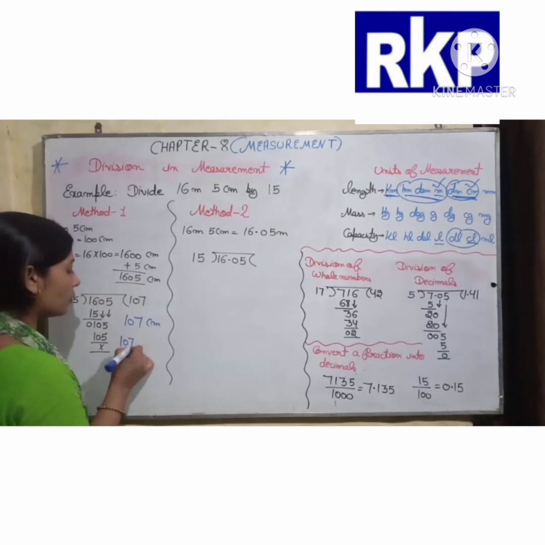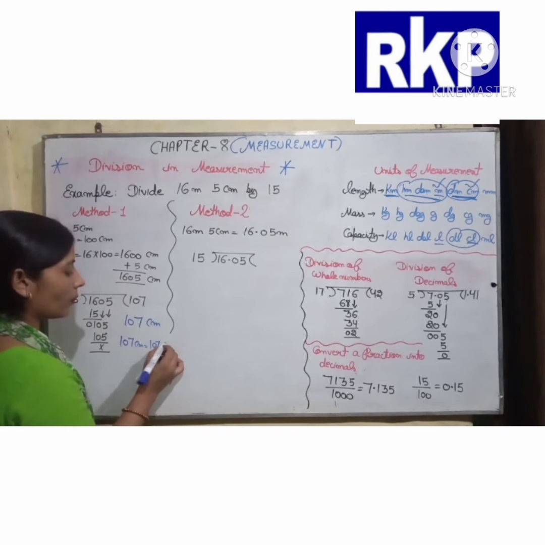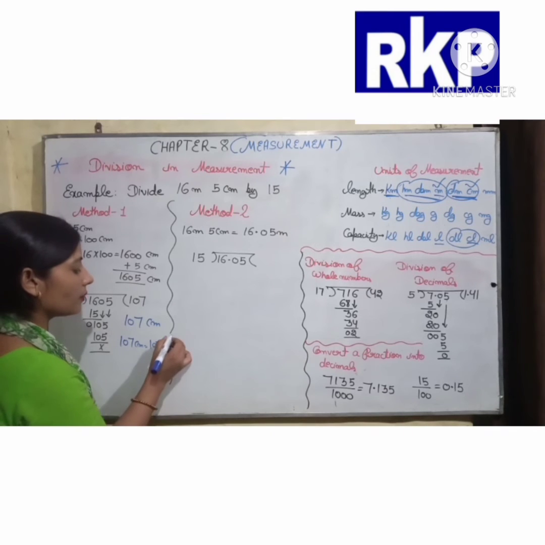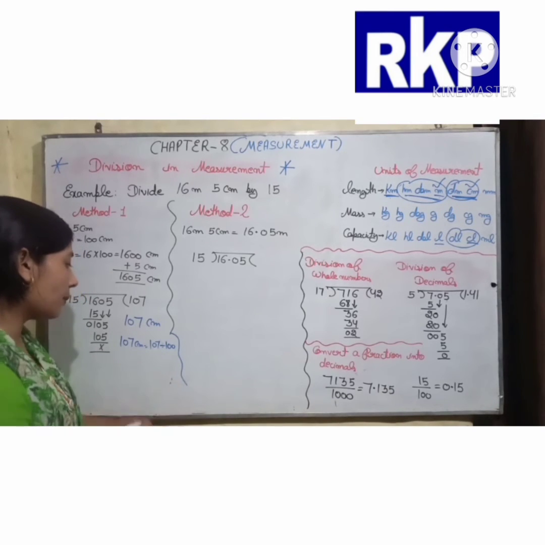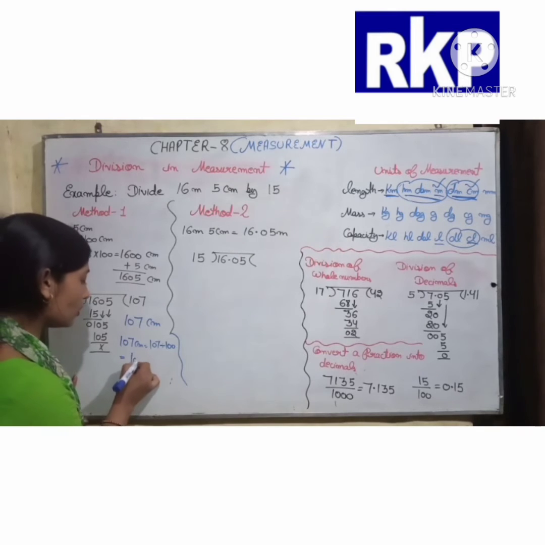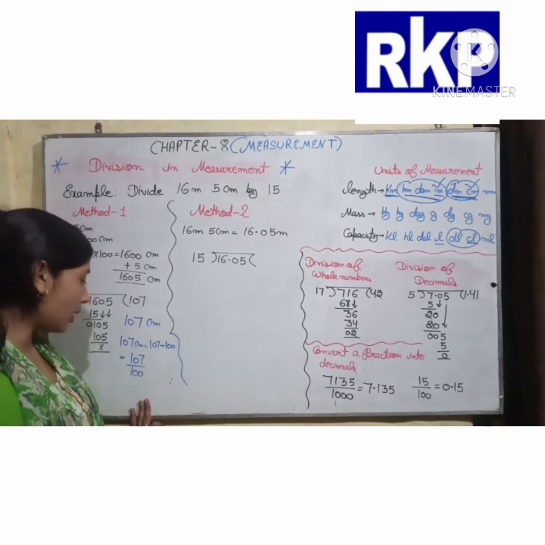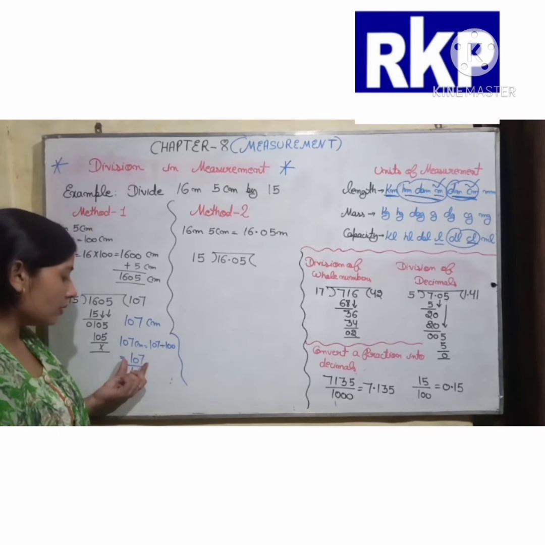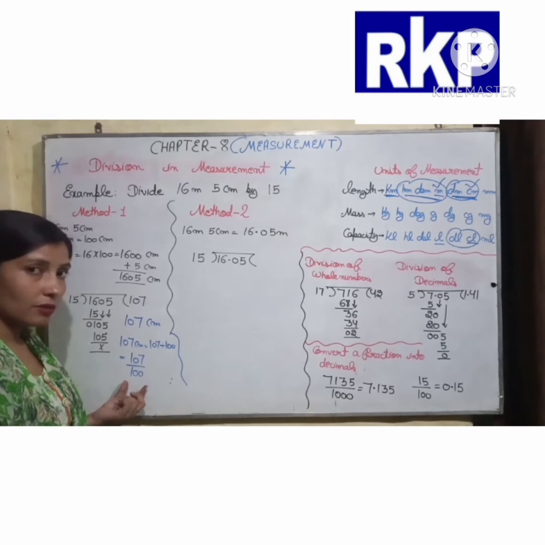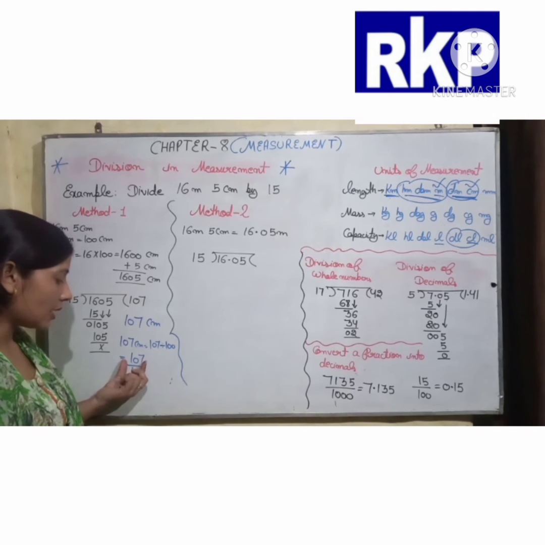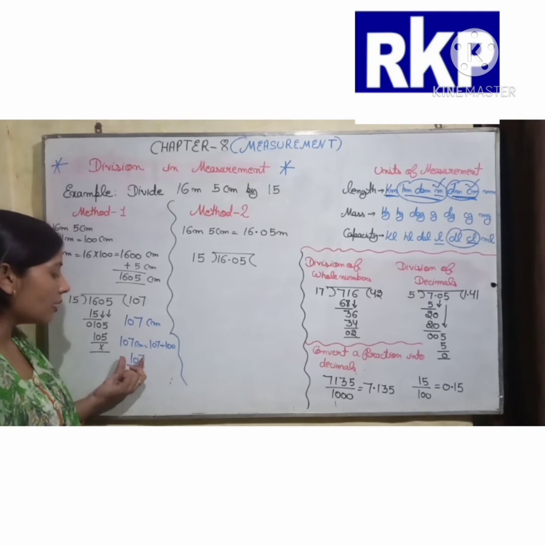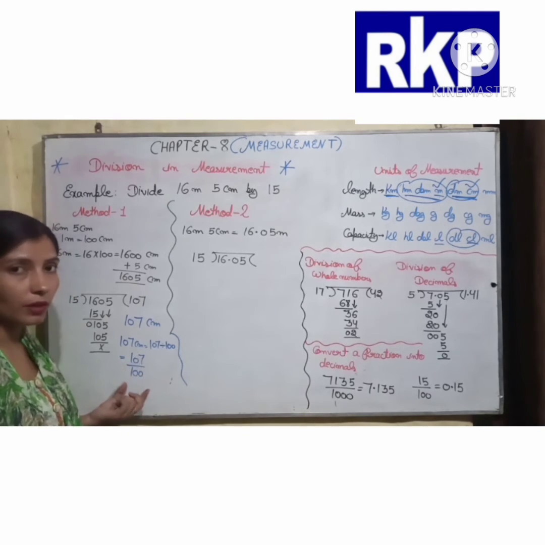So now we have to write 107 centimeters is equal to 107 divided by 100. And we can write it like this also, 107 by 100, which means 107 is divided by 100.